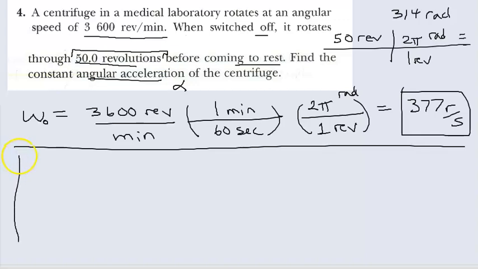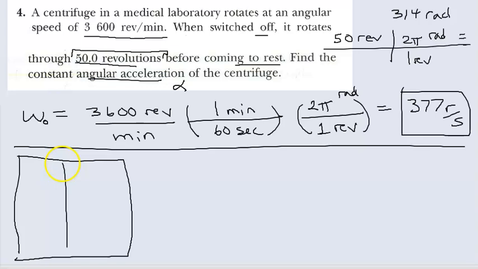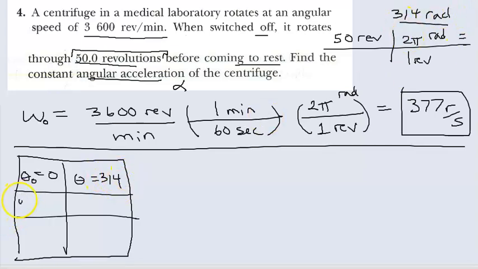Okay, now we are ready to practice. Theta naught is 0. Theta final is 314. Omega naught is 377. Omega final is 0 because it came to rest.